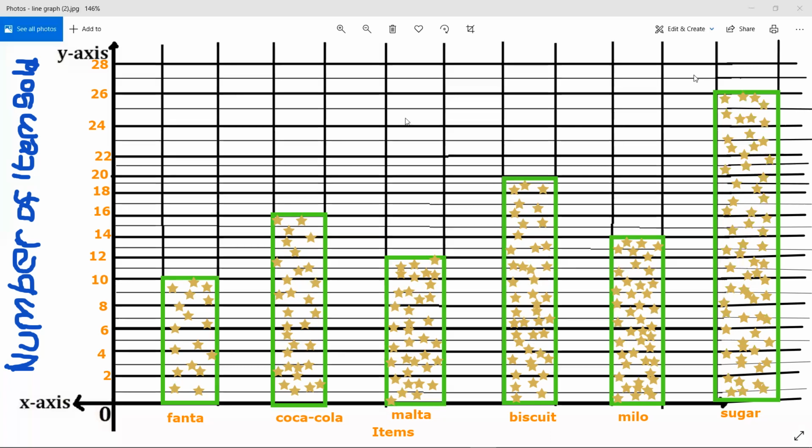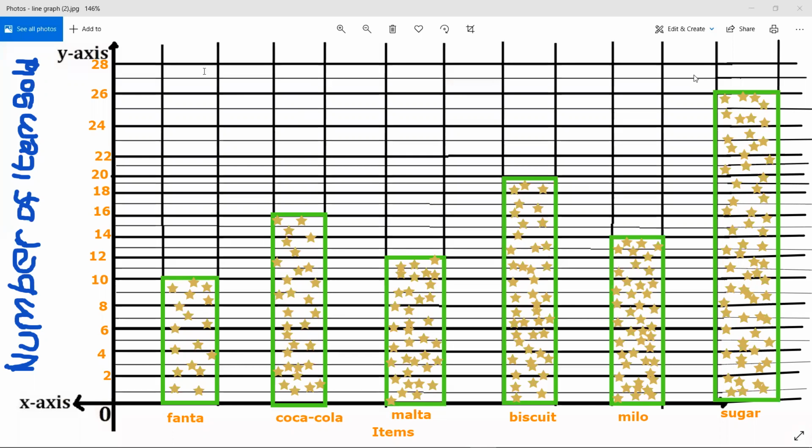And then you write the title of the graph. The title here will be the items sold by a shopkeeper.